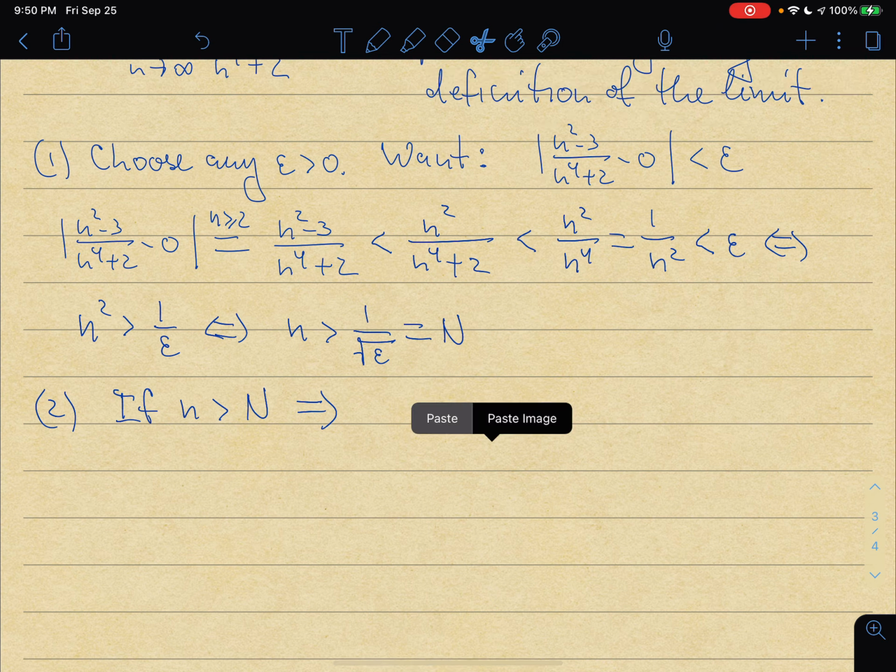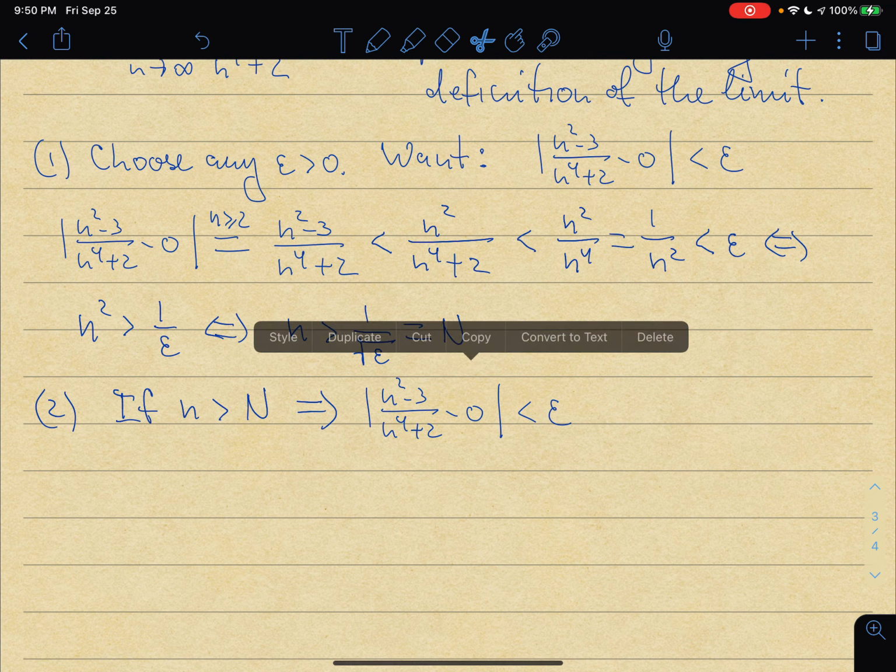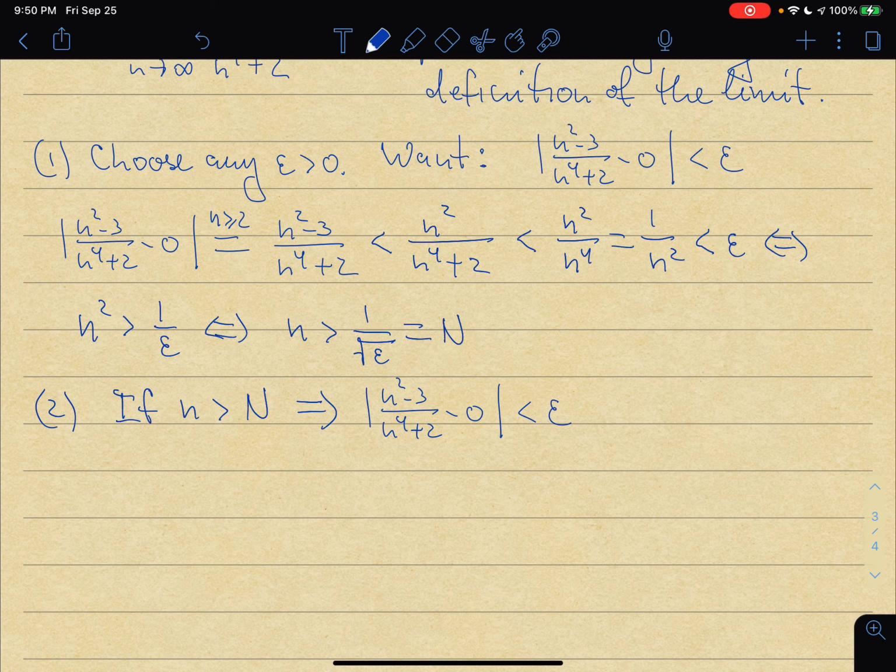So given an epsilon greater than 0, I can choose capital N like this, and then if I make n bigger than this capital N, then the difference between the limit and the terms of my sequence is less than epsilon.